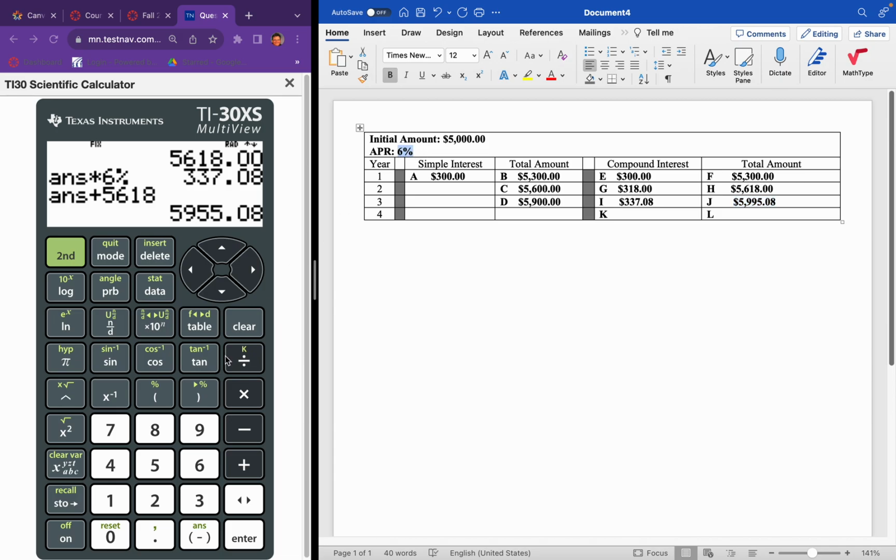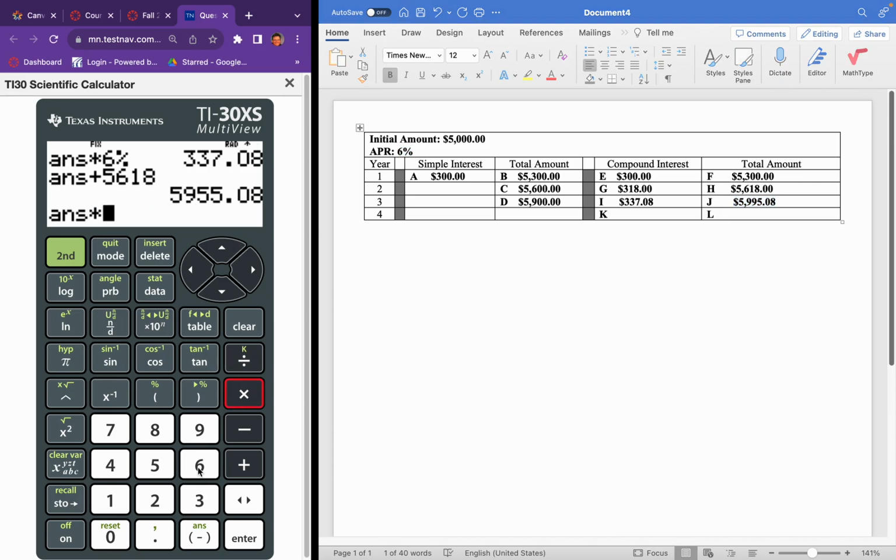And then we're going to take that answer that's on our display and we're going to multiply it by 6%. So we're going to go times 6%. And we find out that the next year, our interest grew to $357.30. And then we're going to add that to our previous answer.